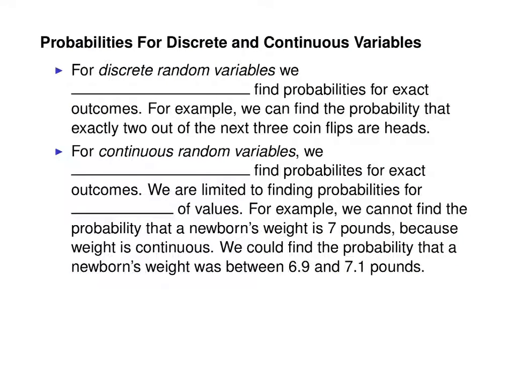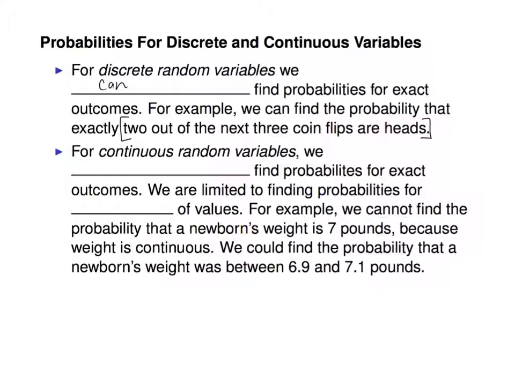So for discrete random variables, we can find probabilities for exact outcomes. For example, if we flip a coin 3 times, we can find the probability that exactly 2 out of the next 3 will be heads. In that case, the random variable is how many out of the next 3 flips are heads, and it could be 0, 1, 2, or 3, right?